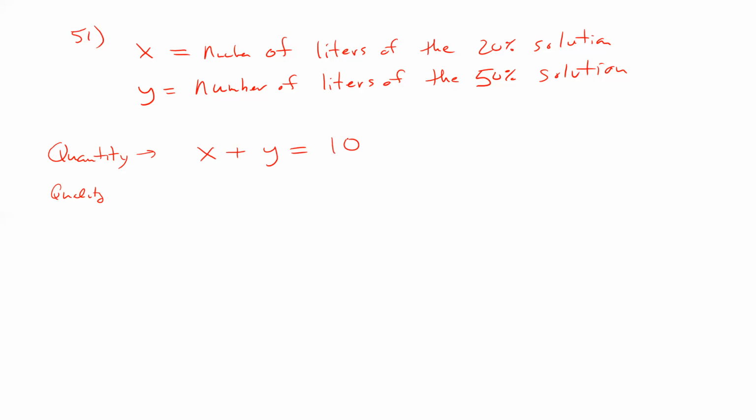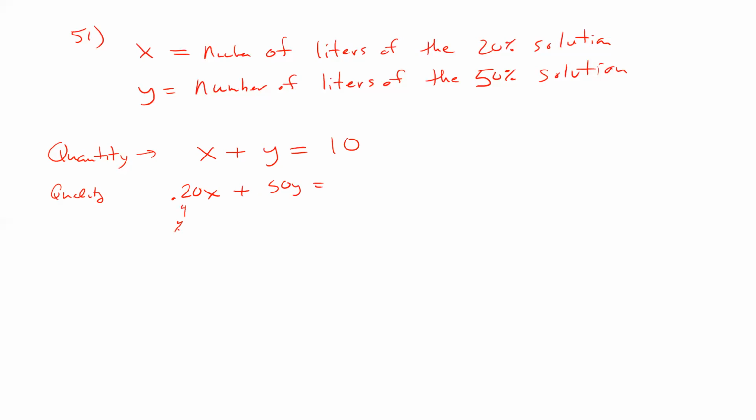Next piece is now the quality or the percent. Sometimes in terms of money, it's the value of something, right? The value of it or the percent of something here. So in this case, it's going to be 20% solution, right like that. So it would be this plus 50% solution will equal, and notice what's happening here.